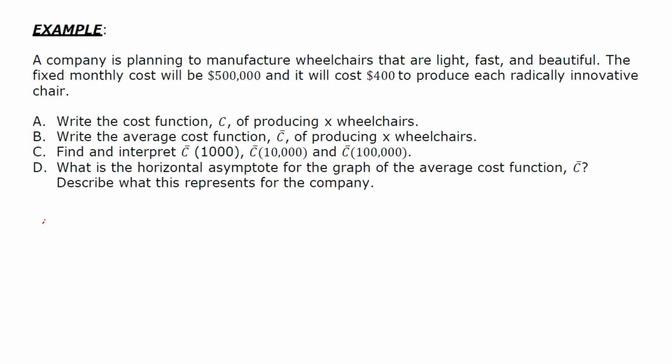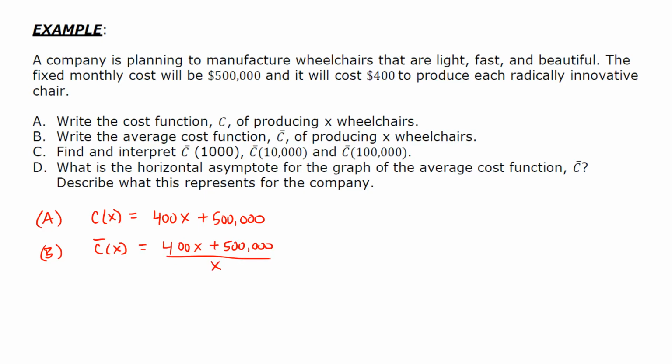Let's first do A, where we need to find the cost function. The cost function is going to be how much each wheelchair costs plus the fixed monthly cost. The average cost is going to be C hat, and that's going to be the total cost for making the wheelchairs divided by the number of wheelchairs.